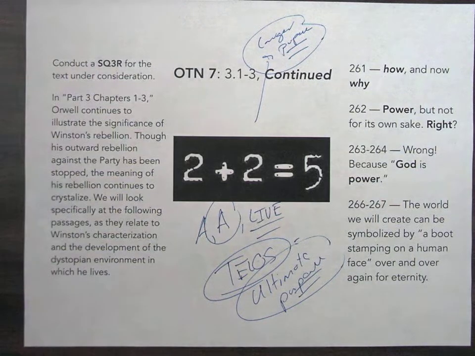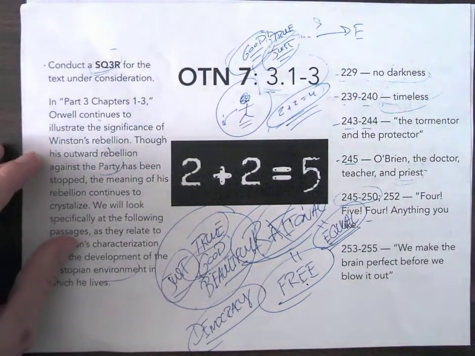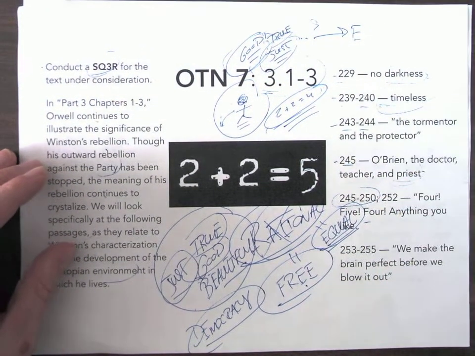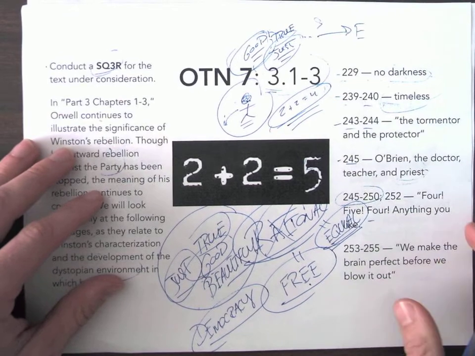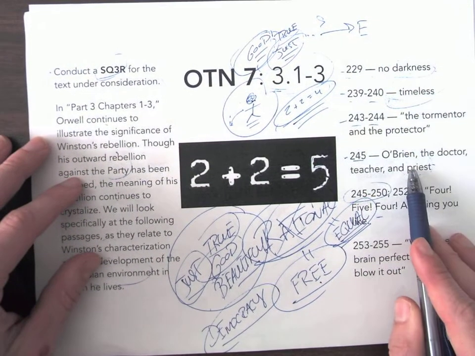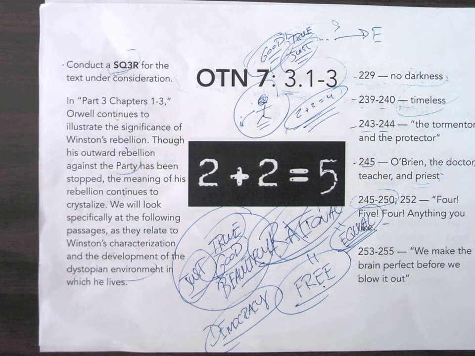Okay, so in our last class, we discussed the fact that Winston is brought to a place where there ironically is no darkness, and it's this sort of timeless or eternal atmosphere where O'Brien, his chief tormentor, his chief torturer, acts as a kind of doctor or a teacher or a priest, which all together collectively develops this impression that the party wants to frame Winston's torture and brainwashing, the destruction of Winston's soul, as the redemption of Winston's soul.